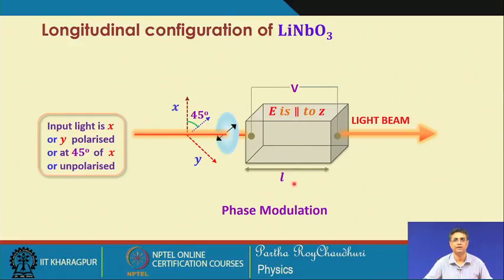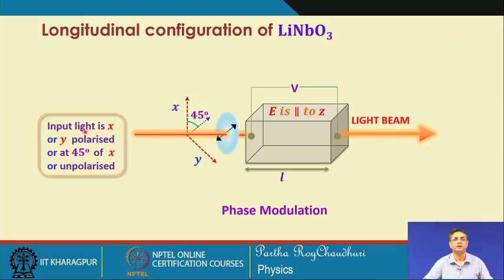So, V by L will be the externally applied electric field E z, and your input polarization could be along x or along y, any of these, or it could be halfway through also, because in that case both x and y polarized light, or the one which is midway through x and y polarized light, will undergo the same amount of phase change, because they are undergoing the same amount of refractive index changes because of the external field.